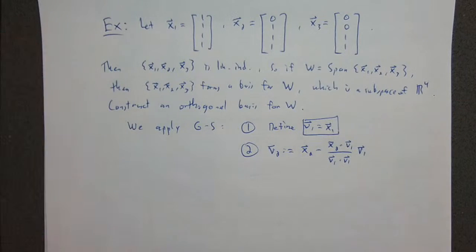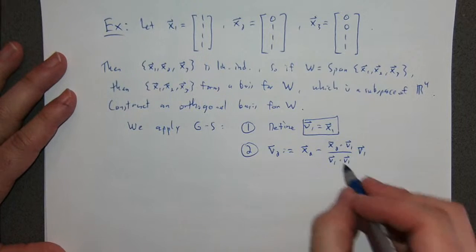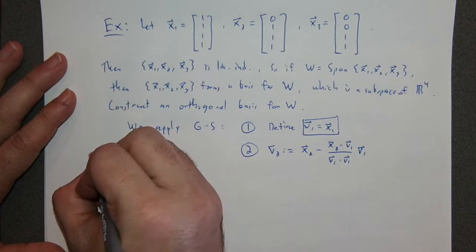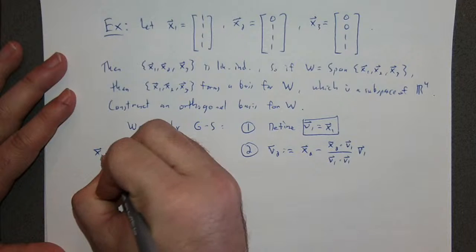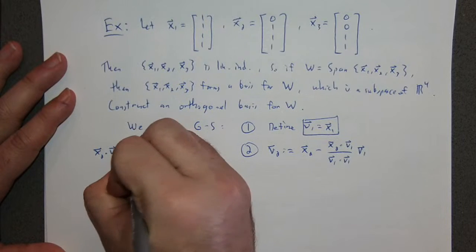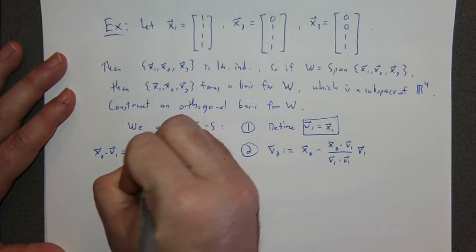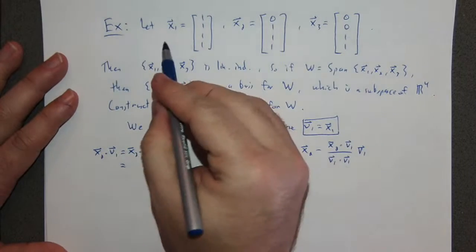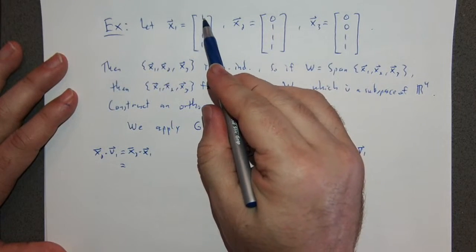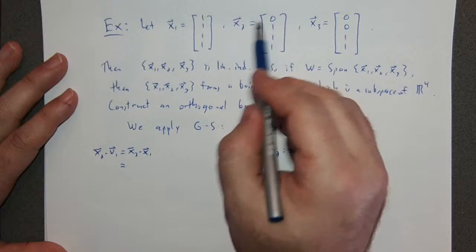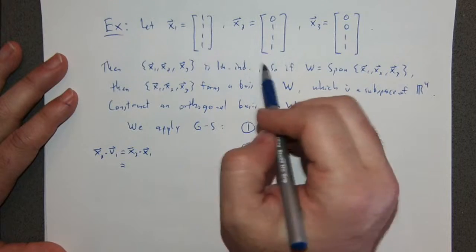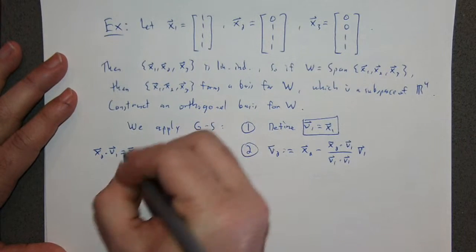But v1 and x1 are the same by step 1, and so I just need to compute some things. So x2 dotted with v1, that's the same thing as x2 dotted with x1, and I can compute that here. This is 1 plus 1 times 0 plus 1 times 1 plus 1 times 1 plus 1 times 1, so that's 3.